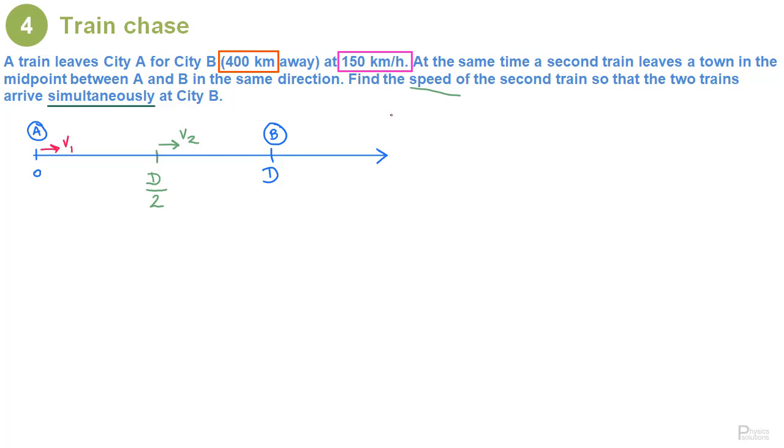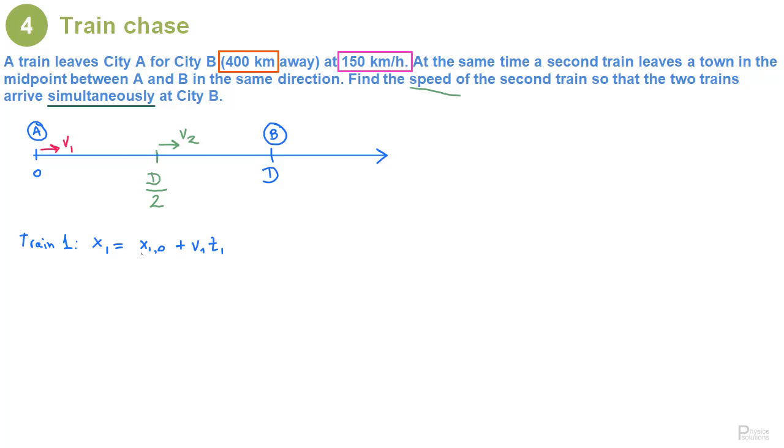So let's do that. We have the cartoon, that means we can start writing equations. We have two trains, that means we're going to have two equations. Just as before, we start with train 1, for which we know its location can be written as x1 equal to x1 initial plus v1 times t1.